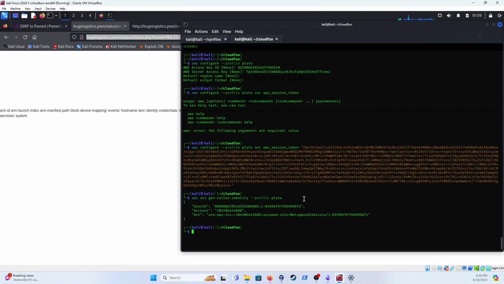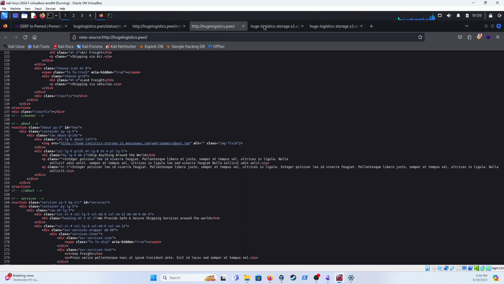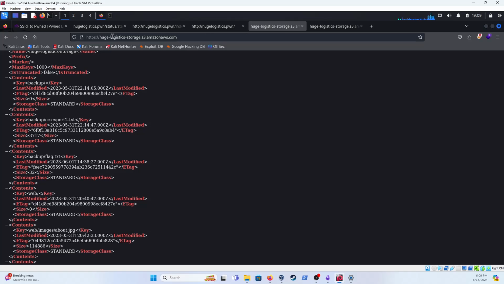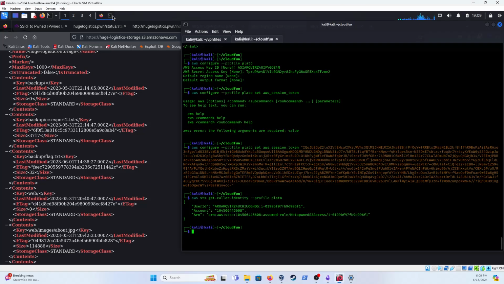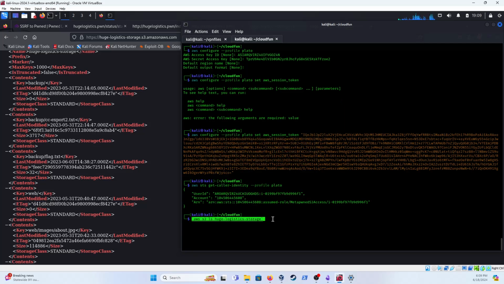So next step, now that we're credentialed, we can actually start looking at the stuff that we weren't able to before. So just looking at that, it was over here, huge-logistics-storage, and the command will actually just look like this. Oh, whoops, I copied it.